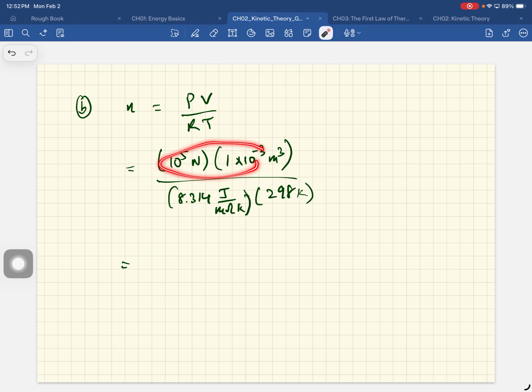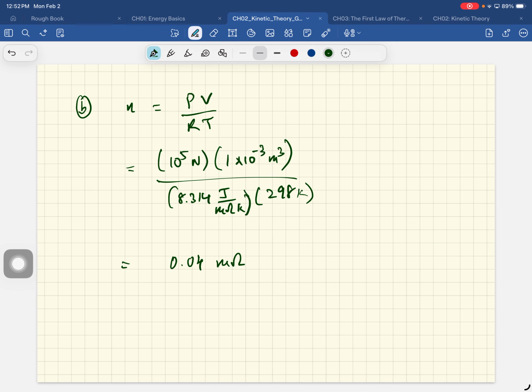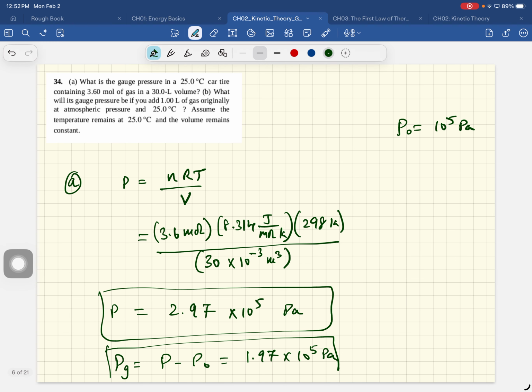So the new pressure is 3.64 divided by 3.6 times the old pressure, which works out to 2.97 times 10 to the 5. So it scales up. This is the old pressure. So the pressure increases by 1%, roughly.